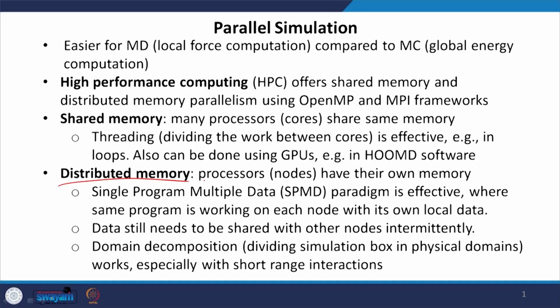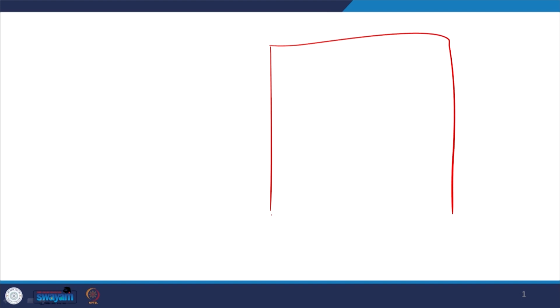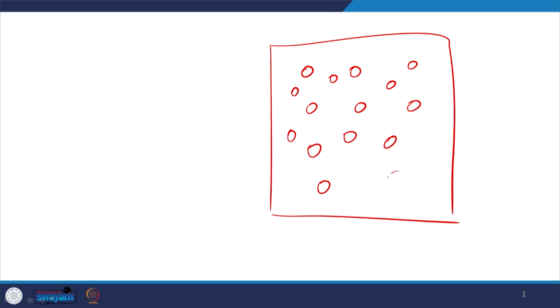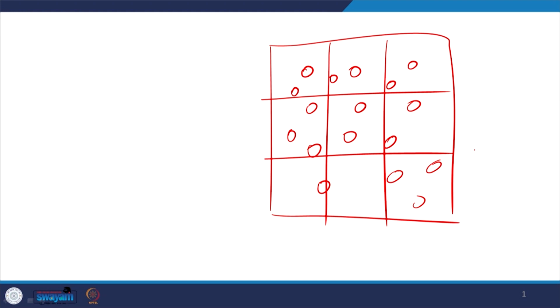One way to do that is to simply divide the simulation box into physical domains. If you have a simulation box like this, and let's say these are my molecules, I can divide them into, for example, 9 domains, and all these 9 domains are simulated on different nodes of the HPC platform you have.